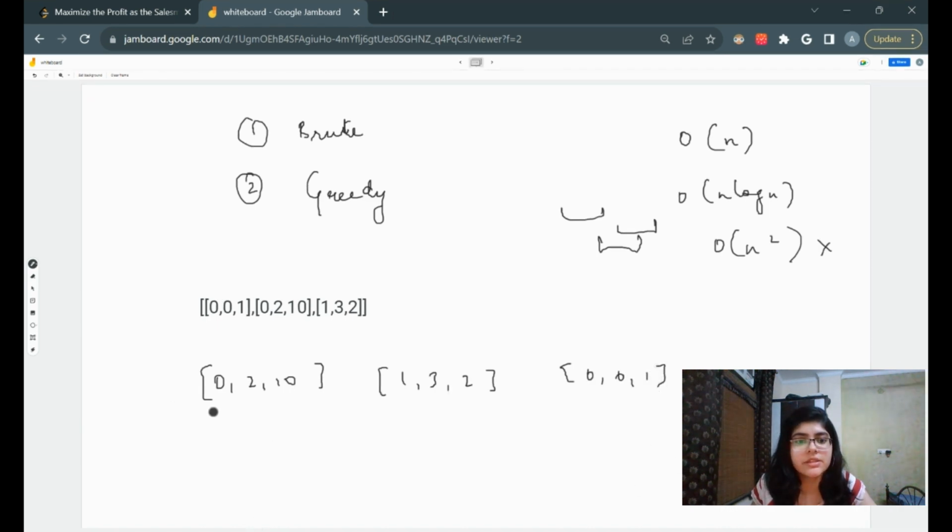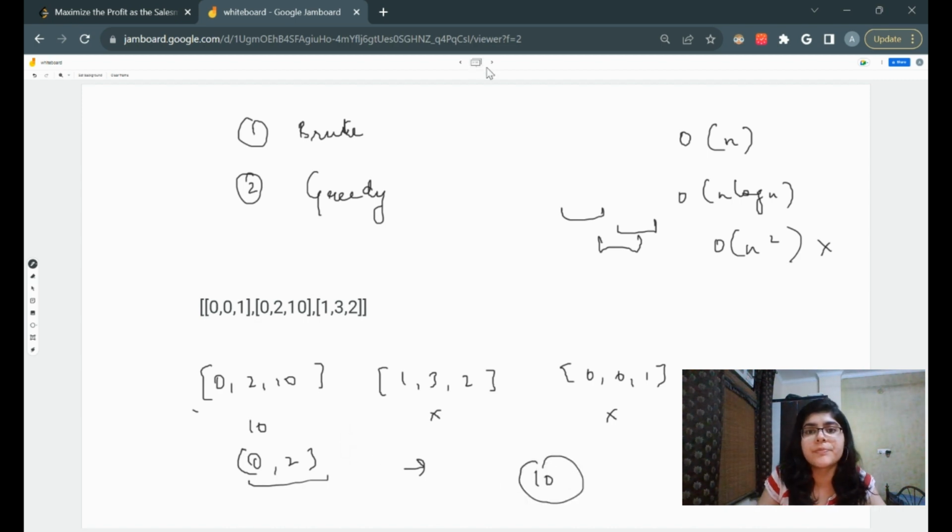Then I will select the house with the maximum profit and move on. So here I will select this particular house 0 to 2, and then I get a profit of 10. Once I select 0 to 2, I know that I cannot select 1 to 3 and I cannot select 0 to 0 since both overlap with the interval I already selected. So fine, for this particular example, my greedy algorithm works. As we can see, the answer is actually 10.